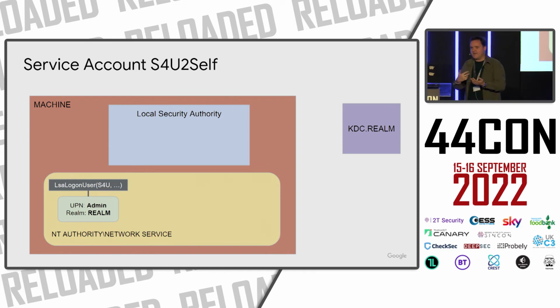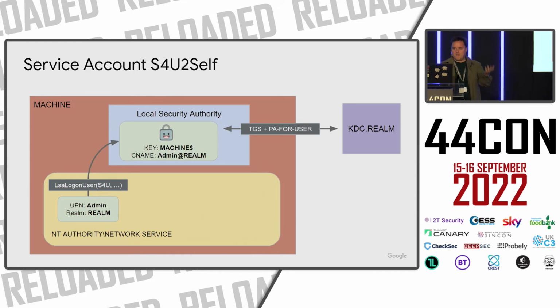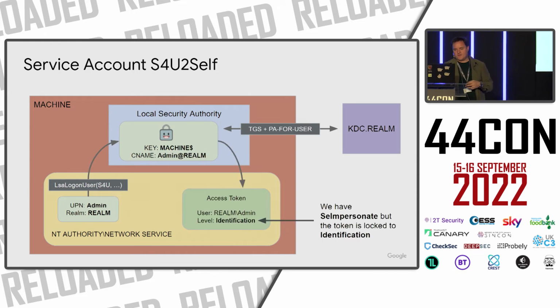Now, the weird thing is, there is actually a built-in API for this. You can basically log on as a service for user to self user, and you call LsaLogonUser, that makes a request out to the KDC for you, and it gives you an access token back. However, it gives you an access token back which is useless.